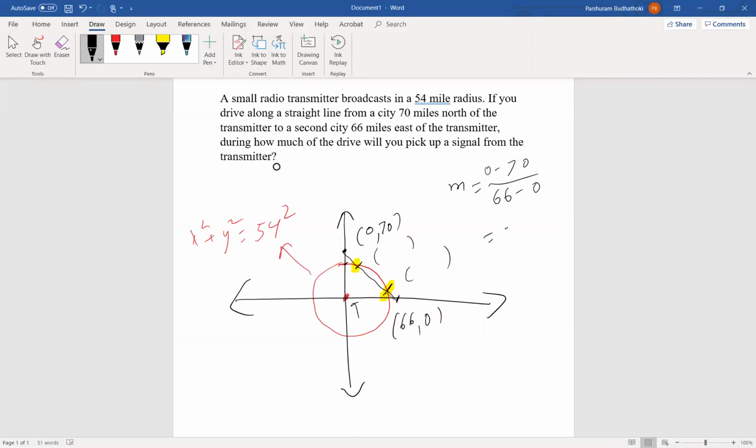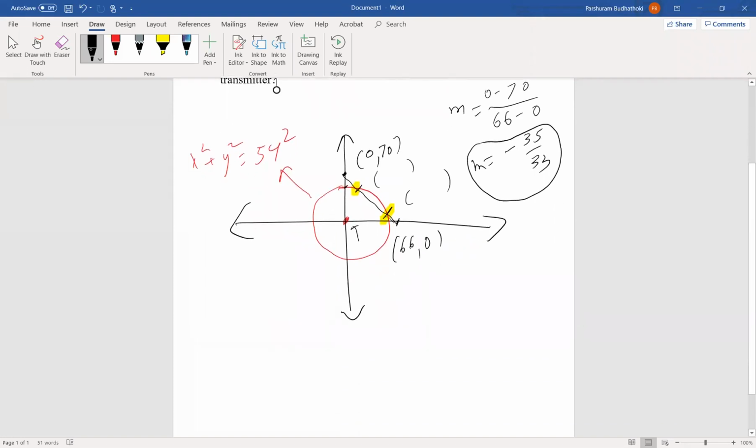So it's actually negative 35 over 33. The slope of this line joining these two points is negative 35 over 33.